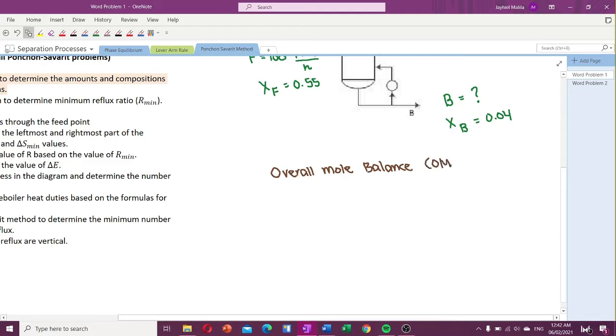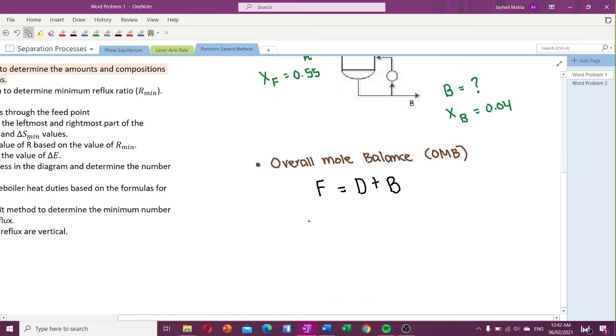It's always the feed equals the distillate plus bottoms. Super basic. The feed is 100 kilomoles per hour. That will be our equation number 1.